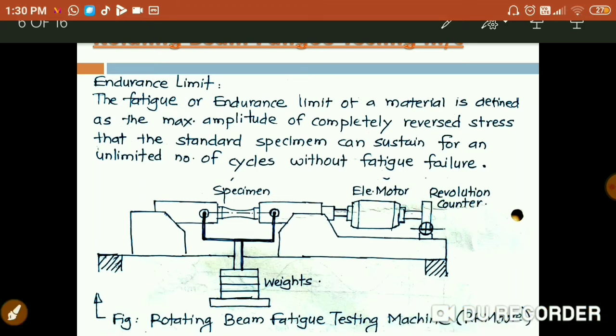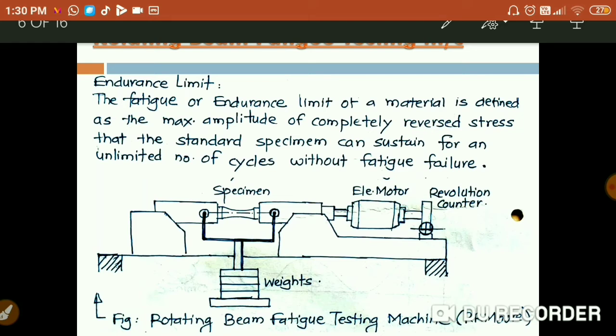To determine the endurance limit, a number of tests are to be carried out. During each test, the specimen is subjected to a constant bending load and the number of revolutions or stress cycles before the appearance of the first fatigue crack is measured.